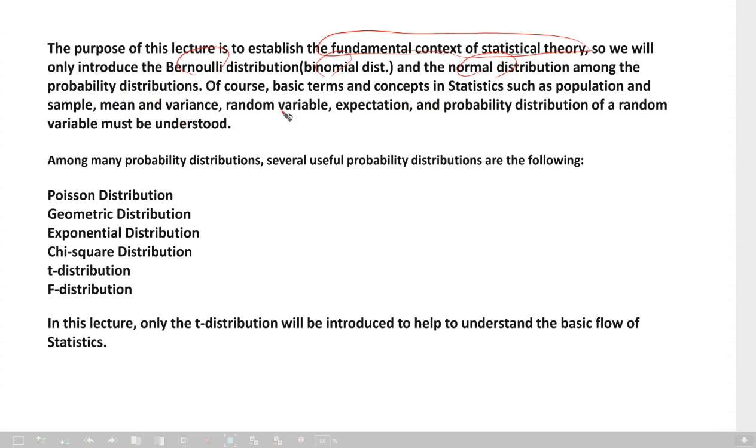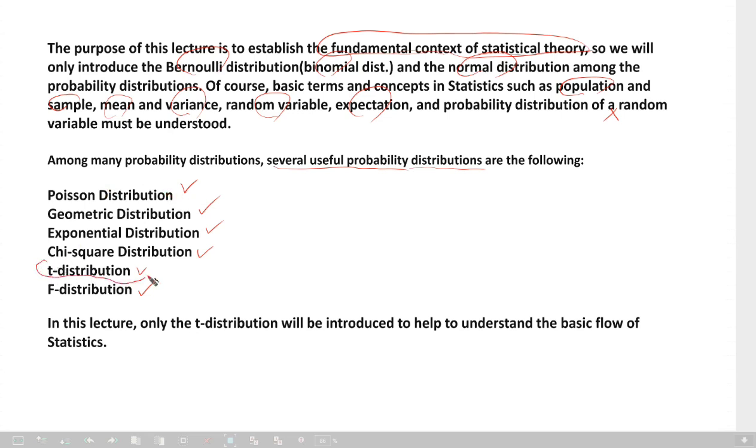But you have to understand basic terminologies and concepts in statistics: population, sample, mean, variance, random variable, expectation, and the probability distribution of a random variable, say X. There are several useful probability distributions, say Poisson, geometric, exponential, chi-square, T distribution, F distribution, and so on. There are many others, but these are basic, intermediate distribution functions.